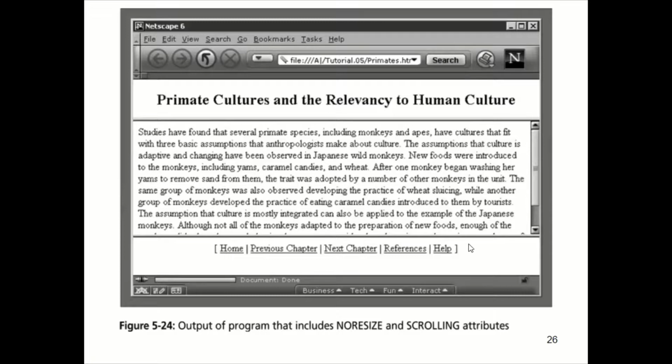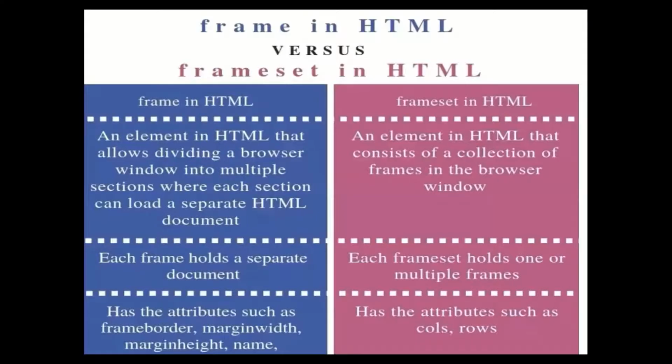The first and last sections cannot be resized, but the central part can be resized. So in this way, we can use the frameset and frame attributes to adjust the web page layout.